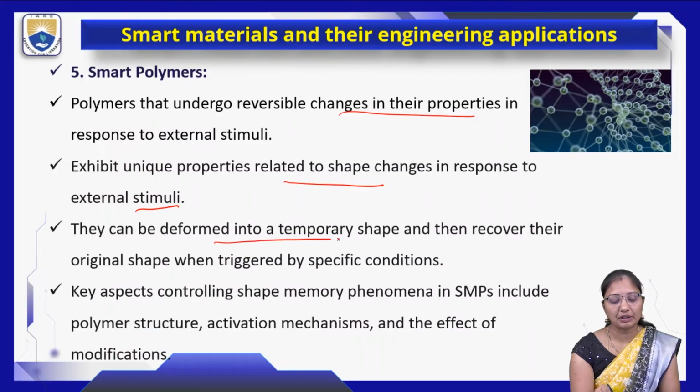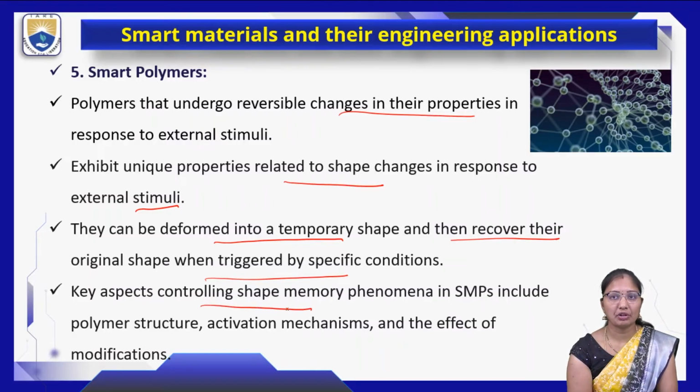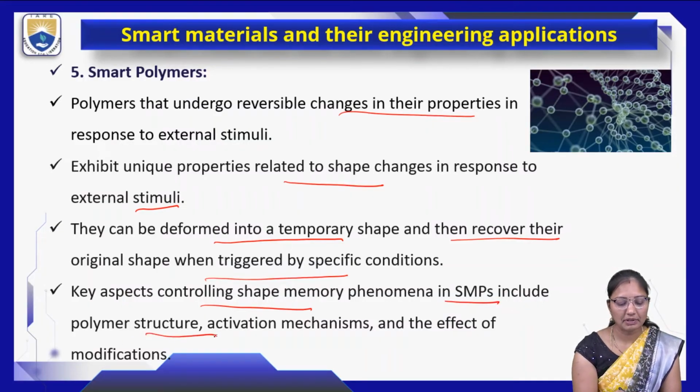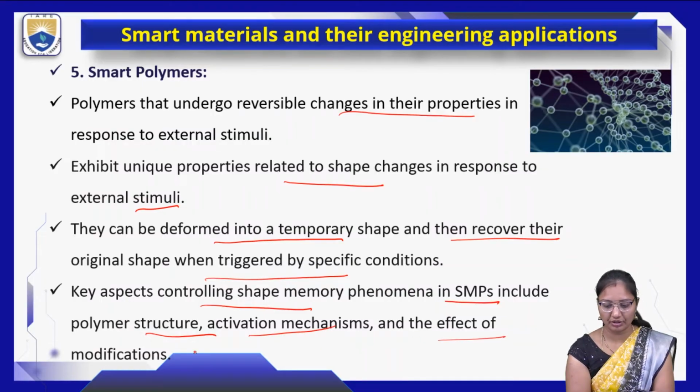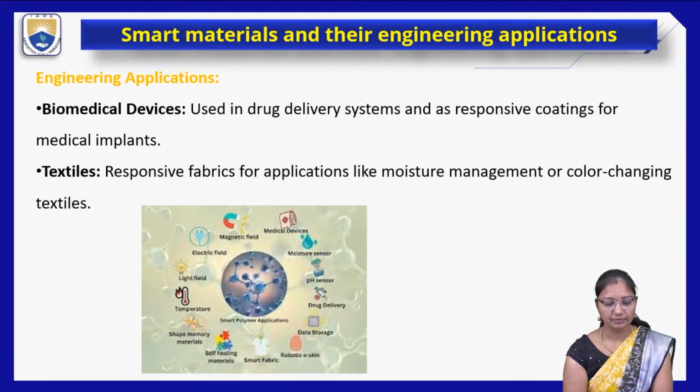They can be deformed into a temporary shape and then recover their original shape under specific conditions. The key aspects controlling shape memory phenomena in SMPs, smart polymers, include polymer structure, activation mechanisms and the effect of modifications. So this causes a deformed formation of a temporary shape, and it retains its original shape upon the release of the external or specific conditions.